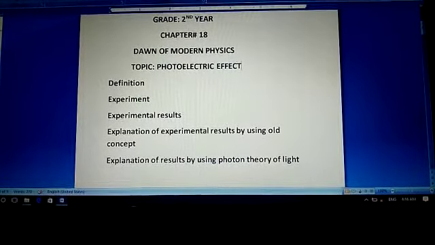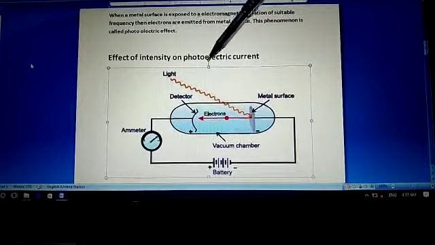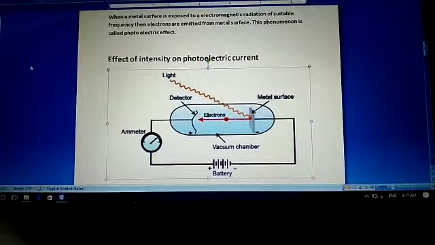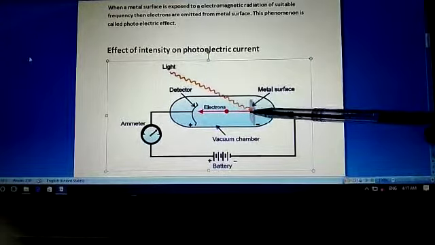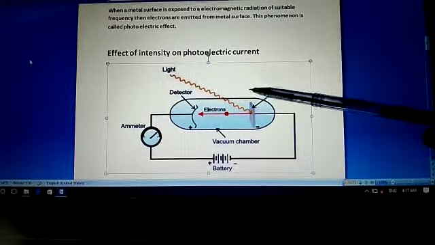So let's start. First we discuss how intensity affects the photoelectric current inside a circuit. As we know, when a metallic plate is exposed to light, there is emission of electrons from the metallic surface.